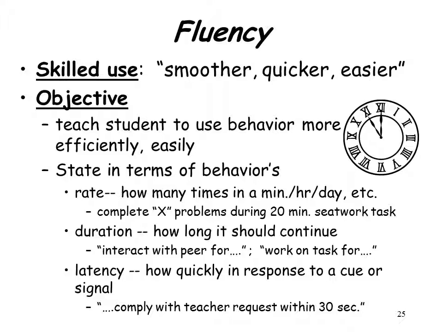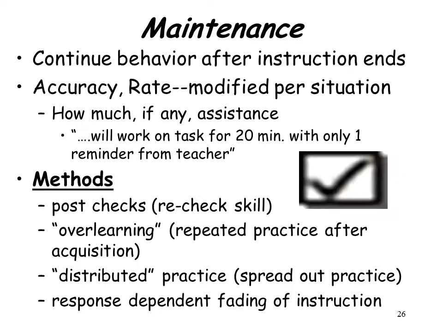Or it may be doing something longer. For example, with social skills, with kids with autism, it might be performing a skill for a longer period of time. Or it might be an issue of latency. It may be that when you're more fluent with the skill, the response time would be quicker between some kind of cue or signal and you actually performing the skill.